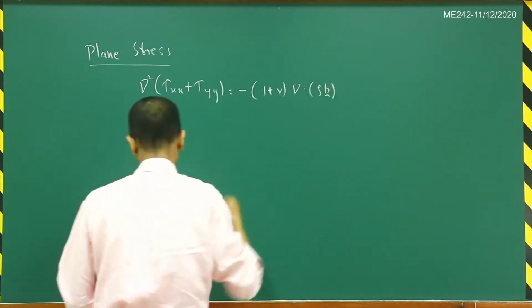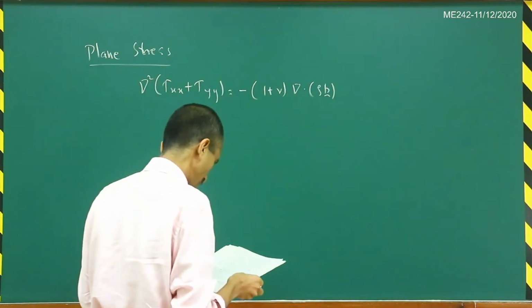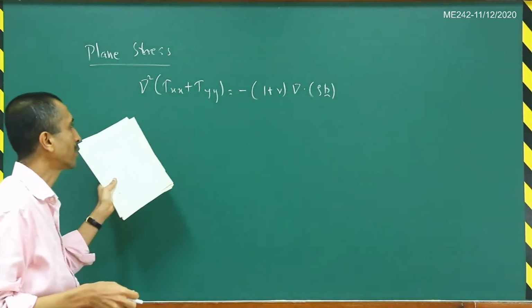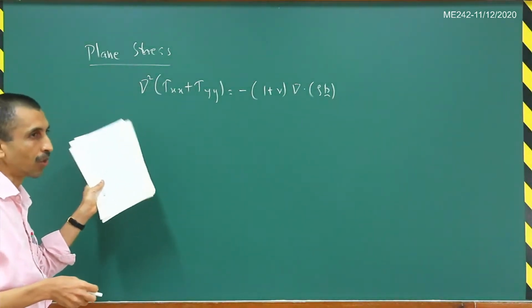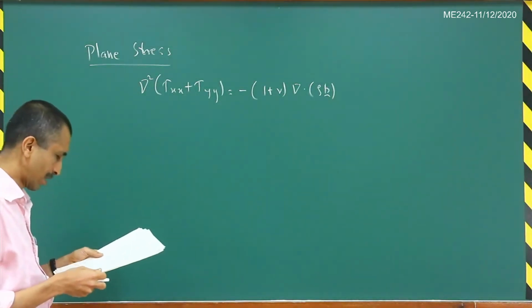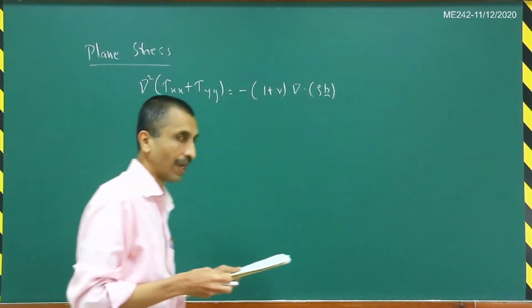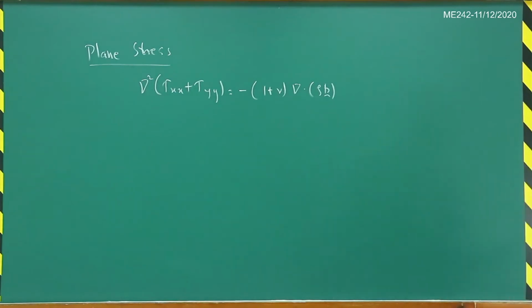So this was the equation that we derived. If you recall, the derivation of this equation involved both the equilibrium equations and the compatibility relations. Fine. So now let us look at the plane strain case.